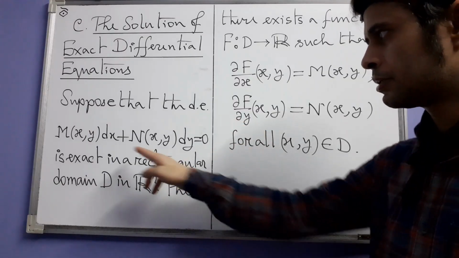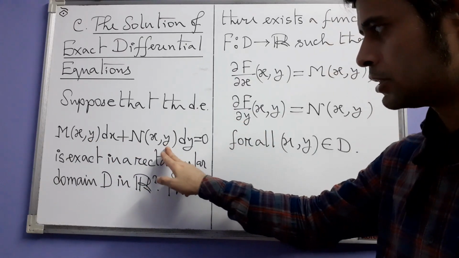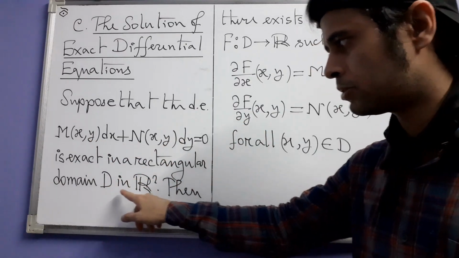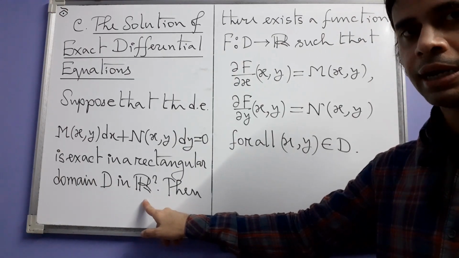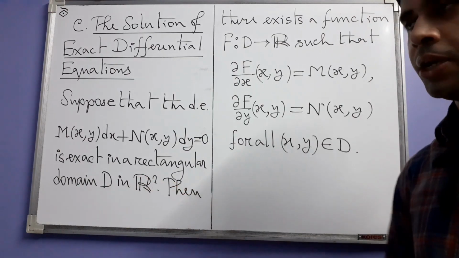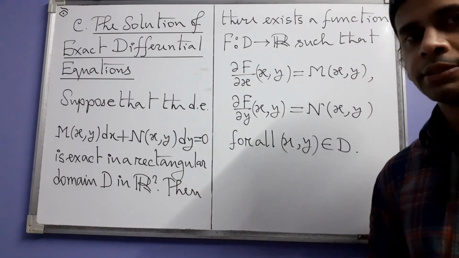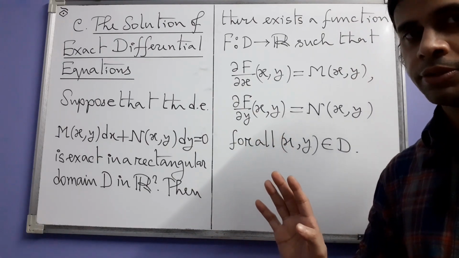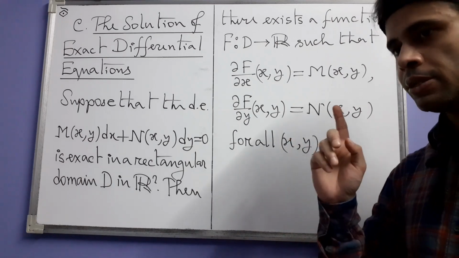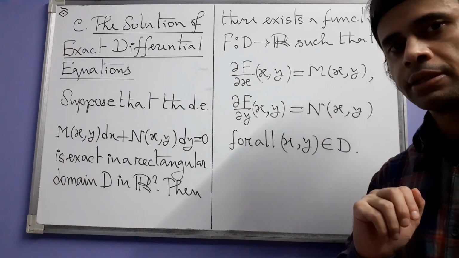So for that, let's consider this equation which is known to be exact in some rectangular domain D in R2, that means in the plane. Then by the definition of exactness, not by theorem 2.1, you recall the original definition of exactness.